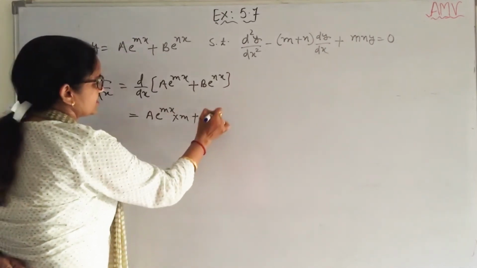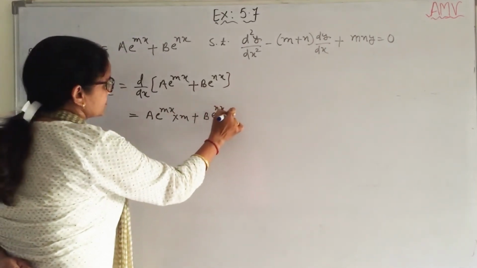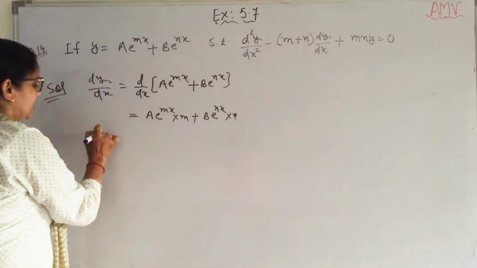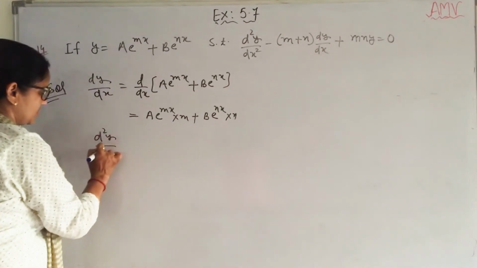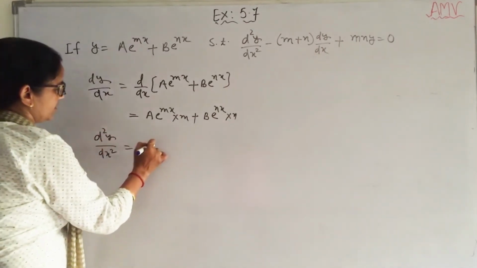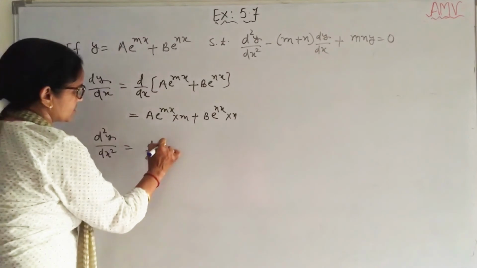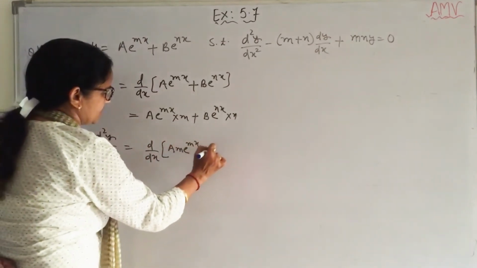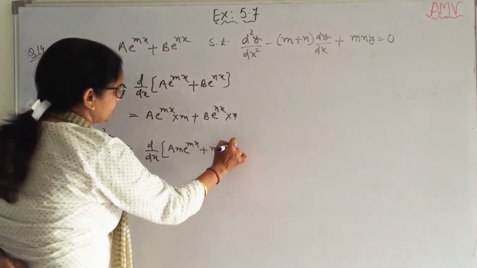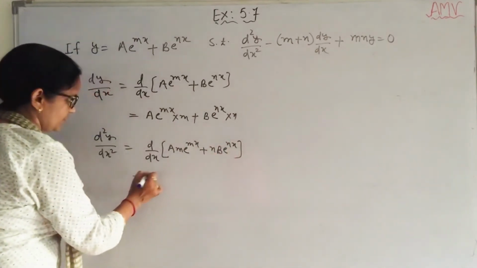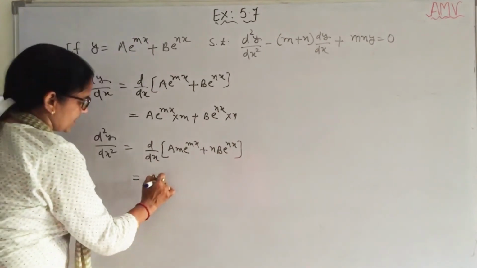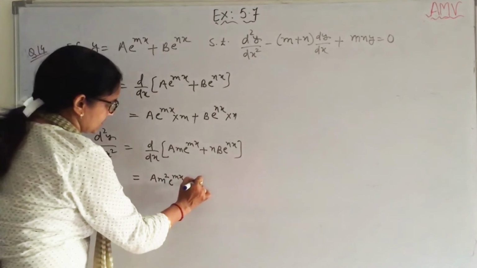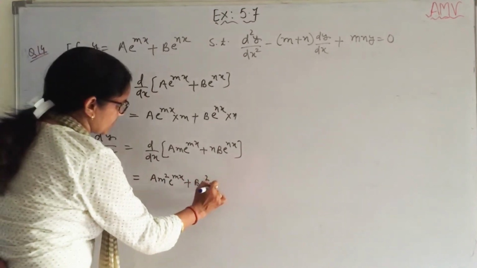Here b as it is, e raise nx, and now the derivative of nx is n. Okay, and again d square y upon dx square. So here d by dx of a m e raise mx plus n b e raise nx. You will find a m square e raise mx plus b n square e raise nx.